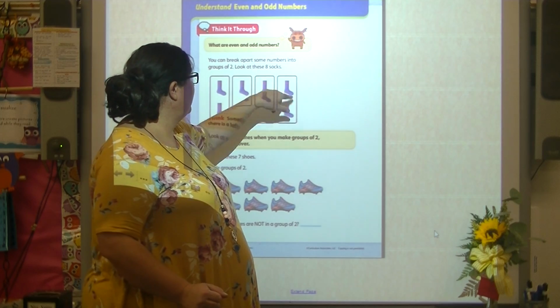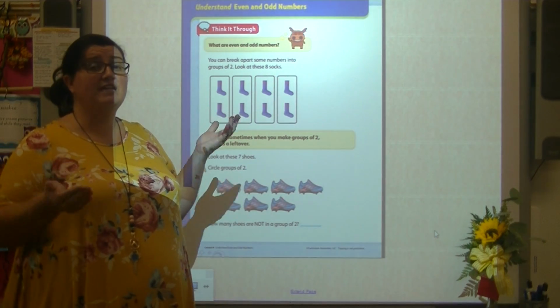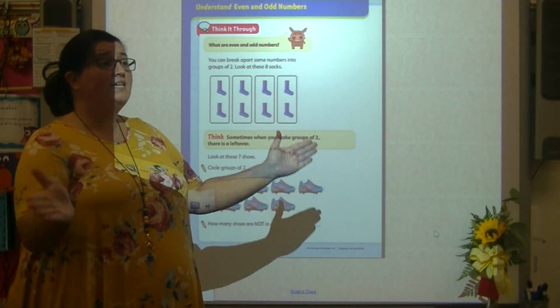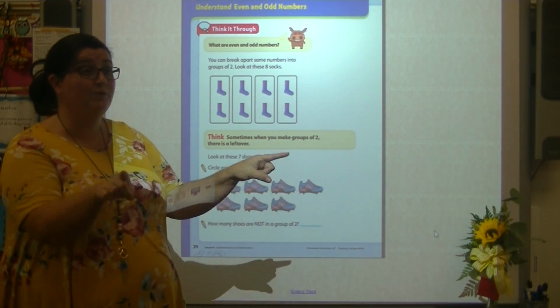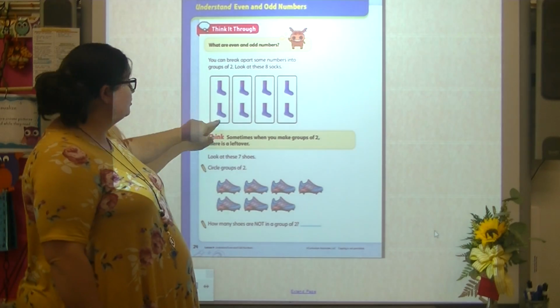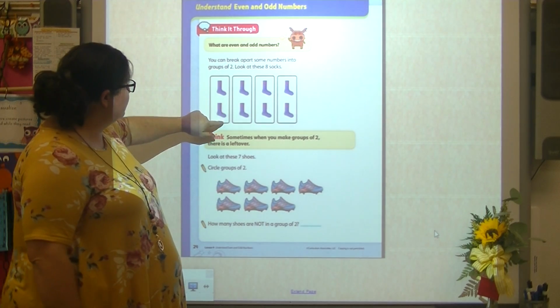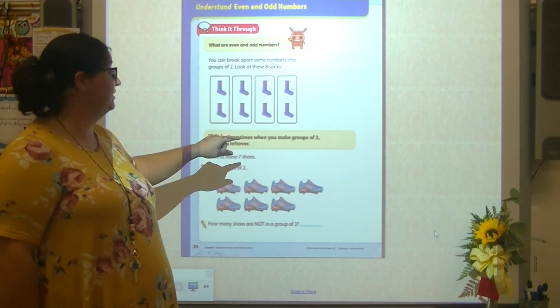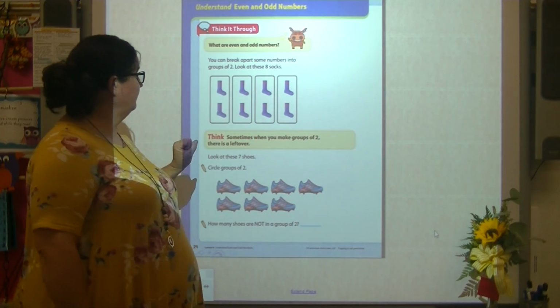It says look at all 8. Now, to find out if that number was even or odd, they tried to match each one up with a buddy. They were doing the buddy system. So they circled each one that could have a partner or pair. This one has a partner, they circled it. This one has a partner, we circled it.